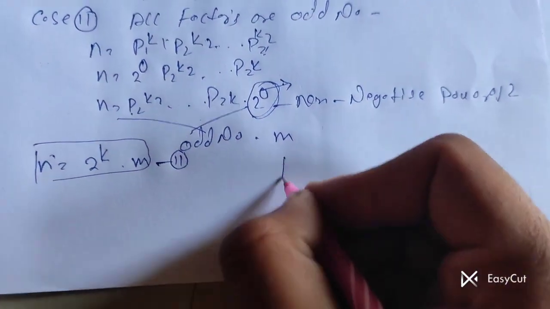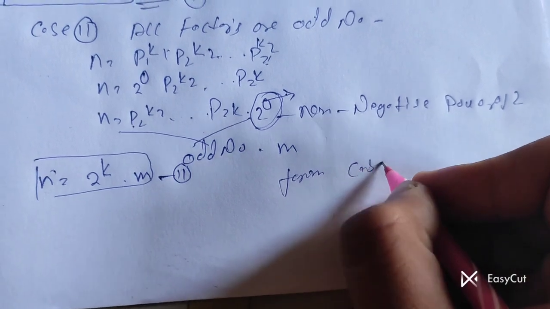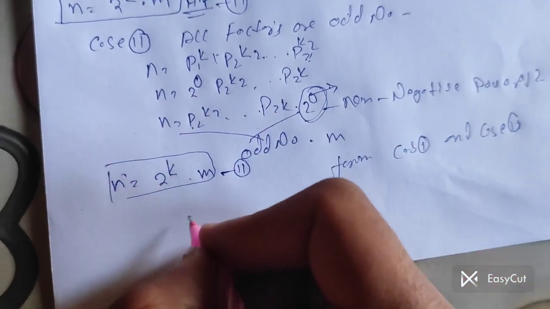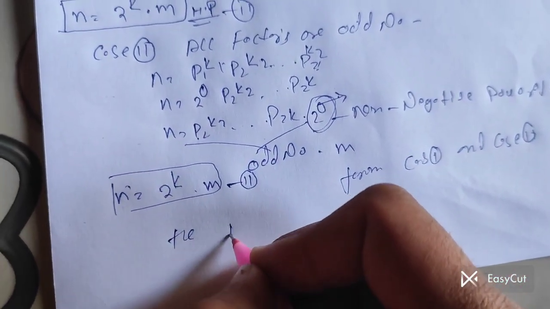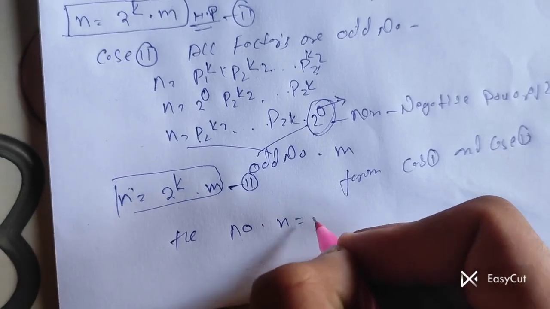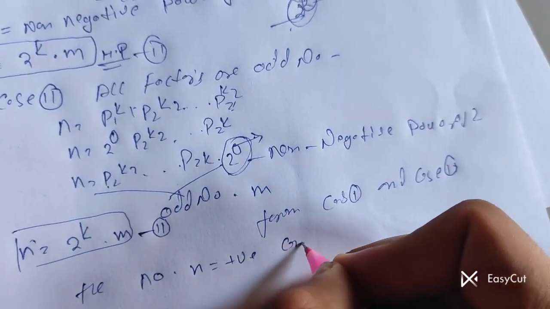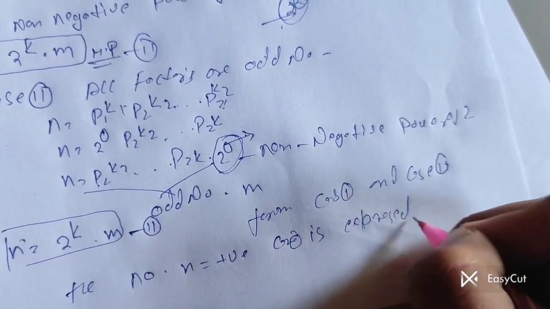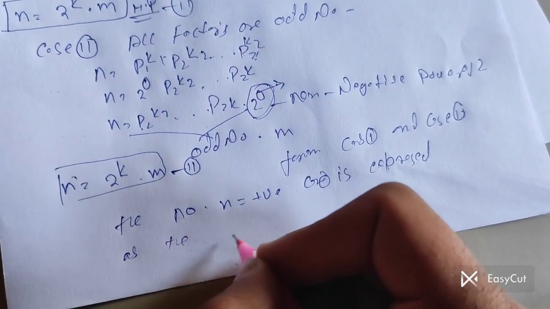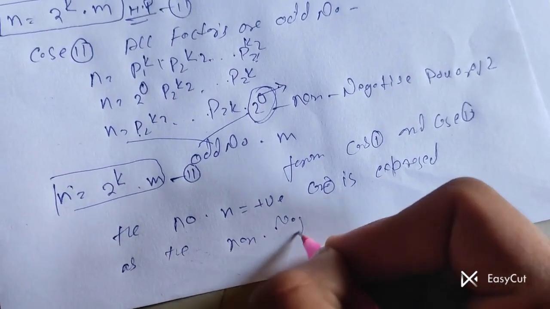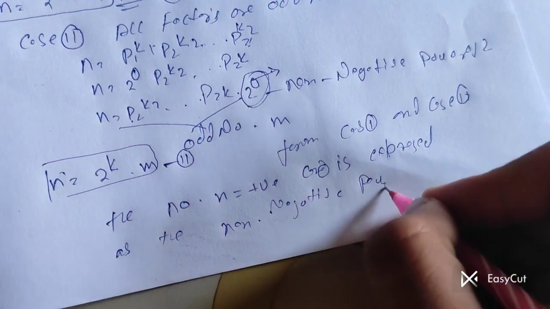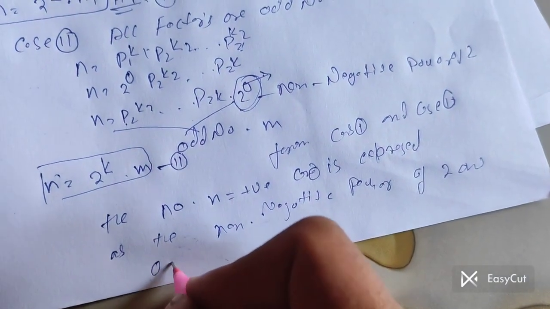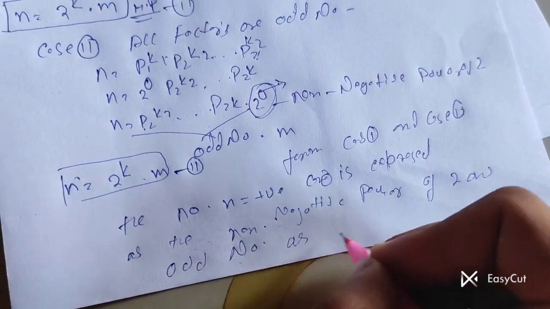So we say from case 1 and case 2, or simply equation 1 and equation 2, that the number n, which is positive, is expressed as a non-negative power of 2 and an odd number as a product.